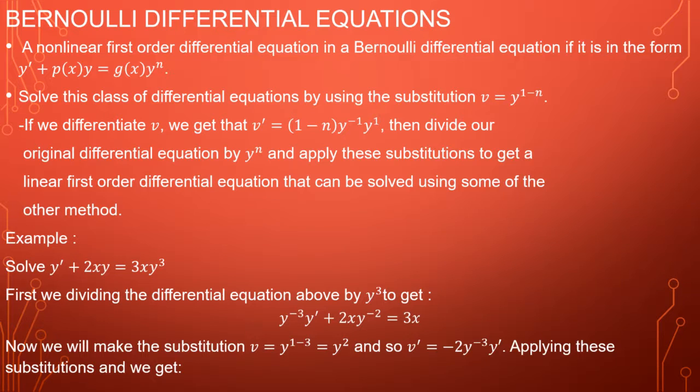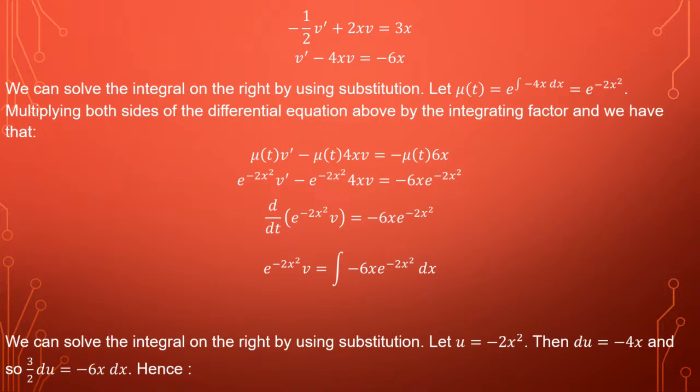Now, we will make the substitution v equals y to the power negative 2, and so v prime equals negative 2y to the power negative 3 times y prime. Applying this substitution, we will get v prime minus 4xv equals negative 6x.